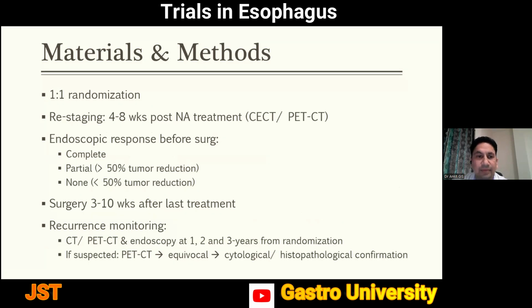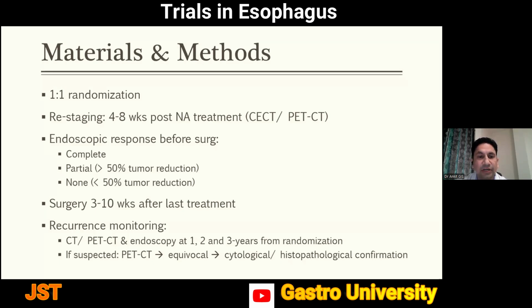A 1:1 randomization was used, and they restaged the patients 4 to 8 weeks post neoadjuvant treatment with either CECT or PET-CT. Endoscopic response was also assessed before surgery, which they defined as complete, partial, that is more than 50% tumor reduction, and any reduction less than 50% tumor volume was defined as no response.